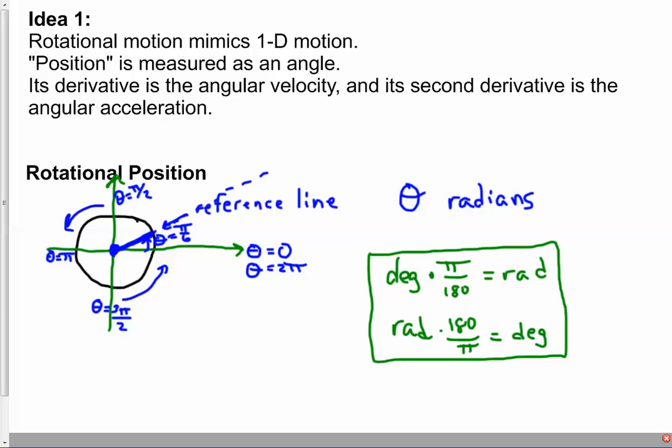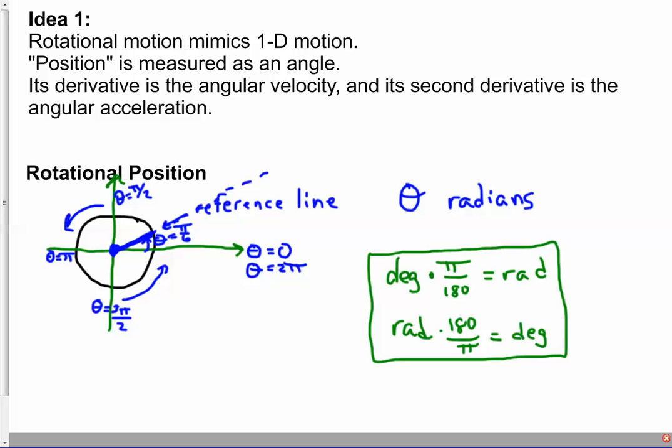Again, just to repeat, we measure the rotational position of an object by the angle of a reference line that we choose. You can choose the reference line to be anywhere you want. Often you can make the reference line be at 0 in terms of how the object starts out, and that will make things easier.